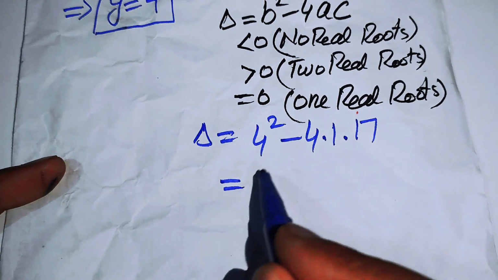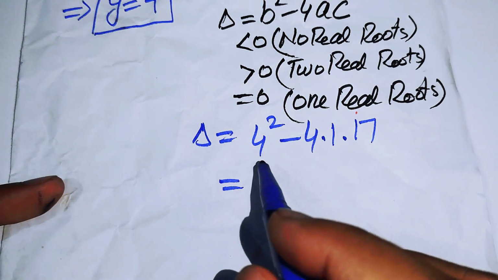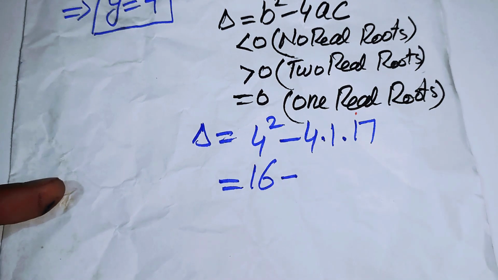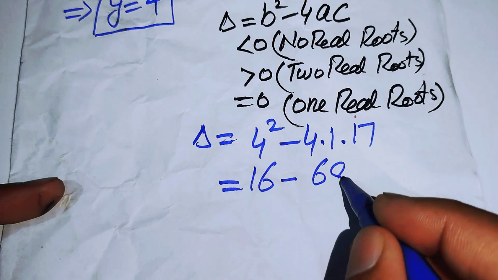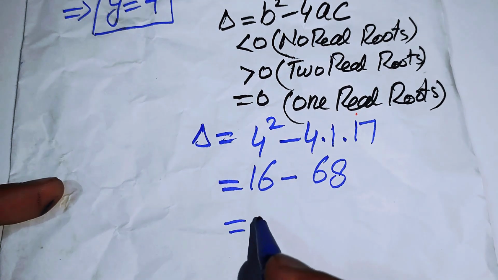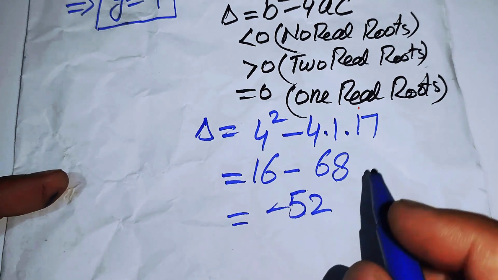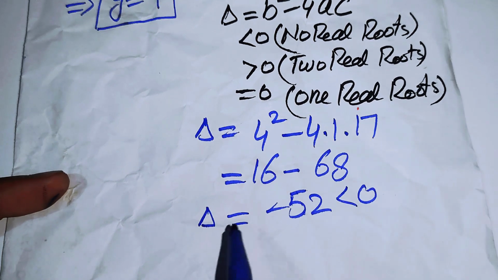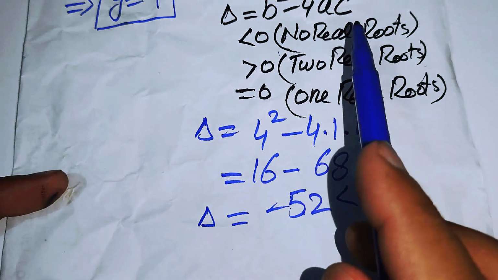Now 4 square is equal to 16, minus 4 times 17 is equal to 68, and 16 minus 68 is equal to minus 52. And you see that our delta is less than 0, and if our delta is less than 0, then we say that it has no real roots.